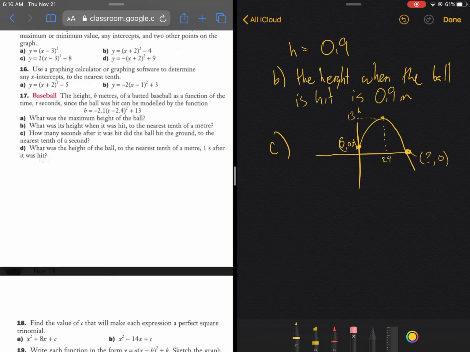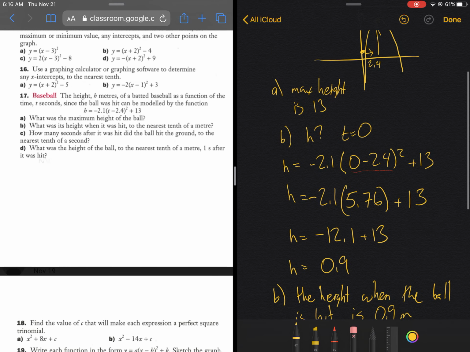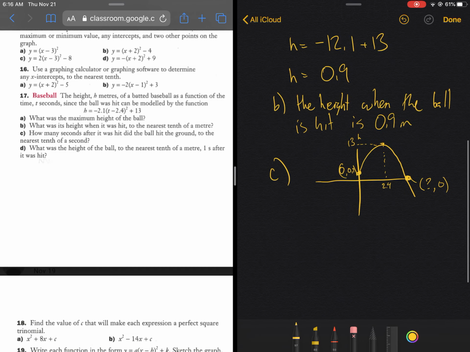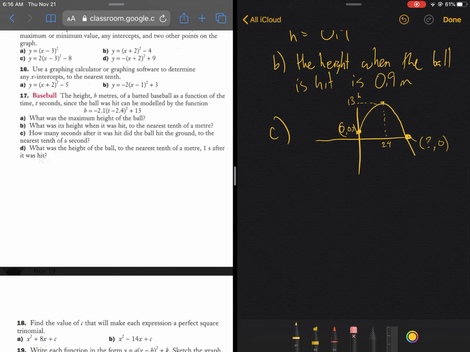So we get our formula, h equals minus 2.1 times (t minus 2.4) squared plus 13, and we solve for when h is 0.